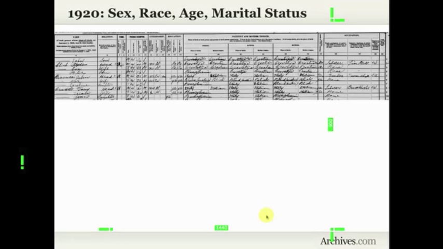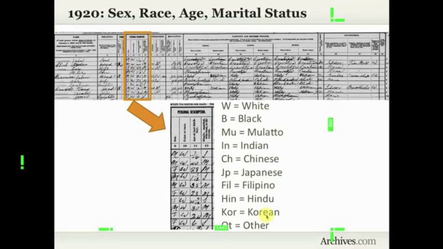The 1920 census also asked questions about sex, race, age, and marital status. And most of the abbreviations that are used in column 10, color or race, are pretty much self-explanatory.